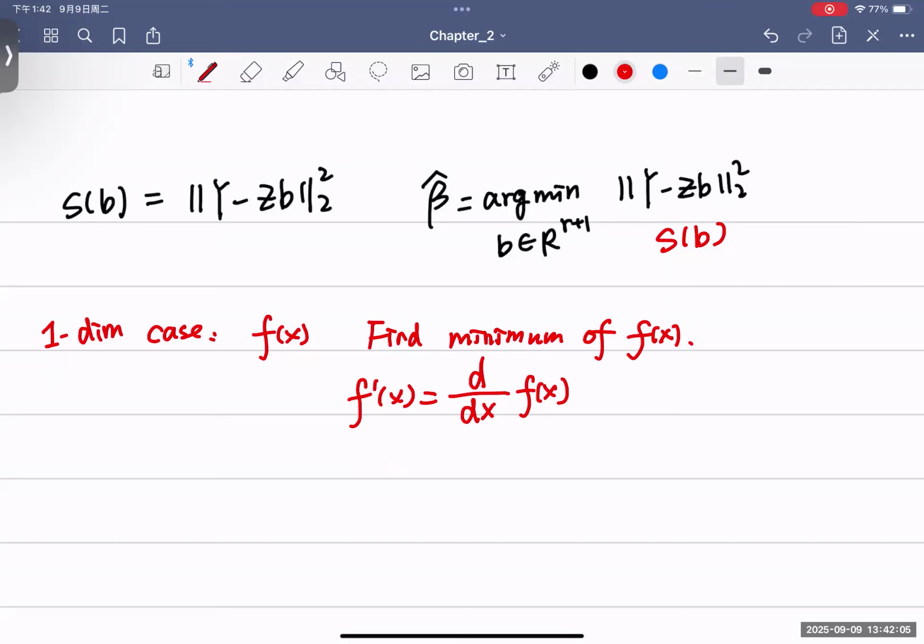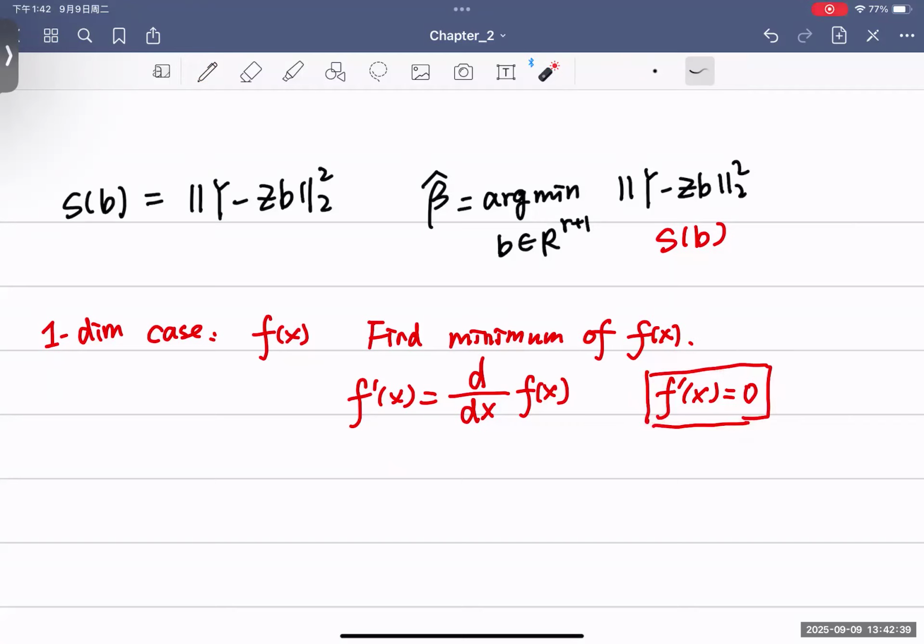If it has a minimum value, its minimum must satisfy f prime x equal to 0. This is the place where we find the minimum. We just consider the derivative equal to 0, which may correspond to a maximum or a minimum, but if it has a minimum, the point must satisfy f prime x equal to 0.